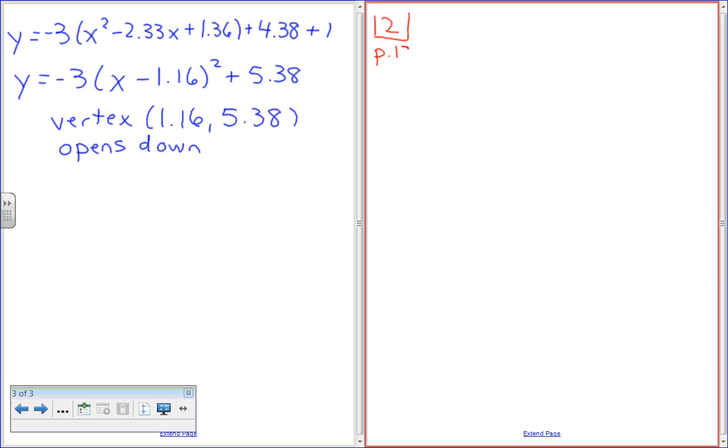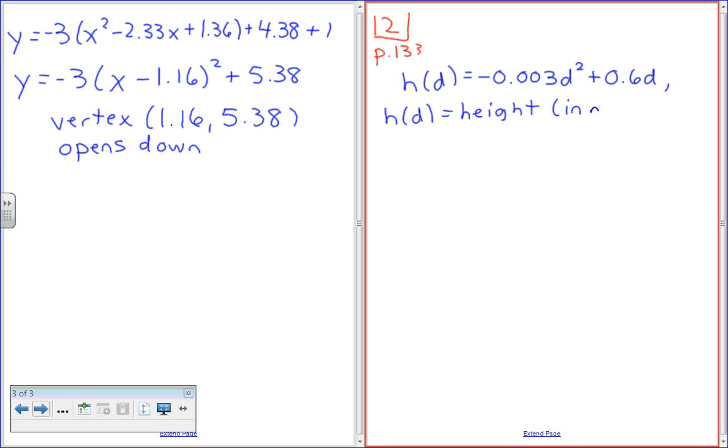It says the path of a golf ball can be modeled by the function h of d equals -0.123 d squared plus 0.6 d, where h of d is height and d is going to be horizontal distance.